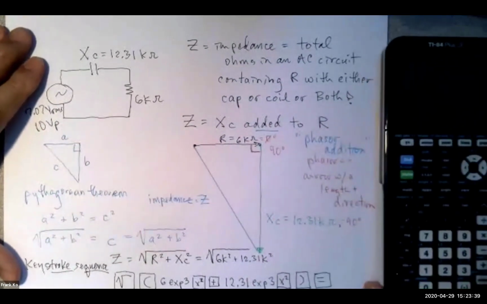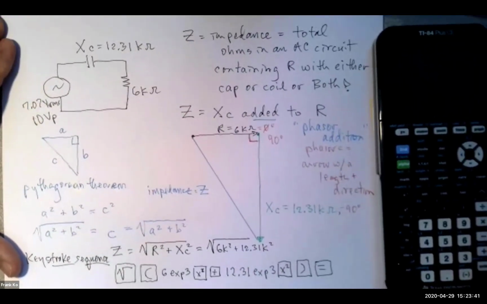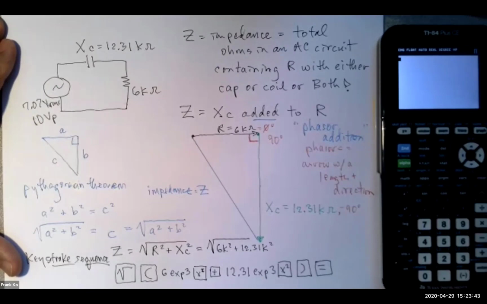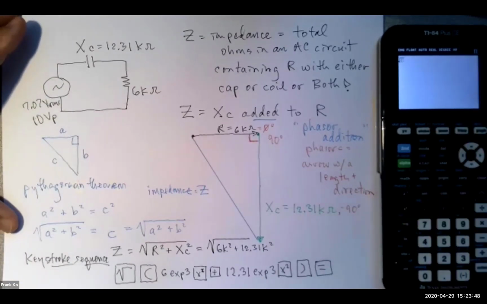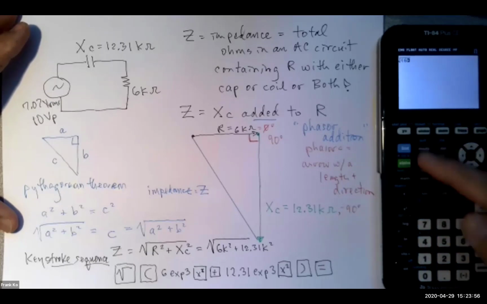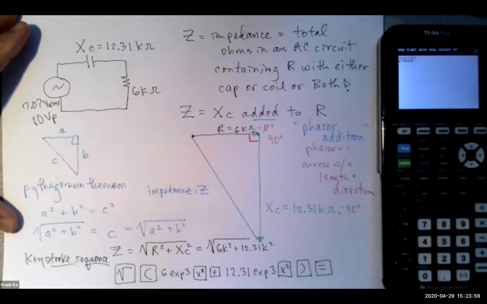And why don't all of you try this as I turn on my calculator, clear it, and I will do the same. So my square root key is a second function. I've engaged my square root. I'm going to engage an open parenthesis, engage 6 exponent 3, but I have to square it. So here's my square key.